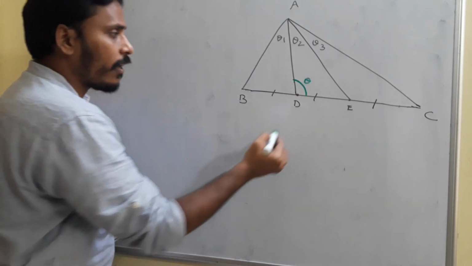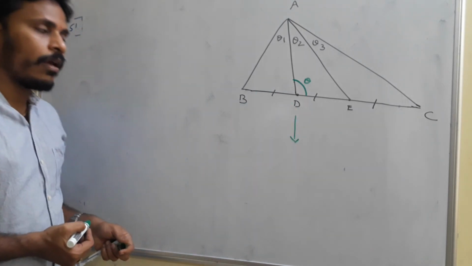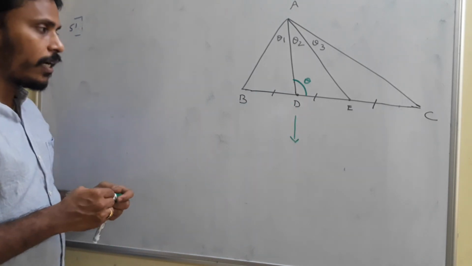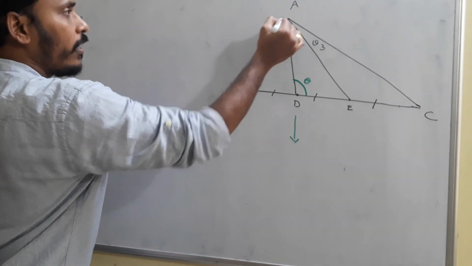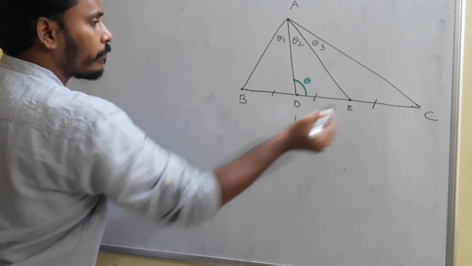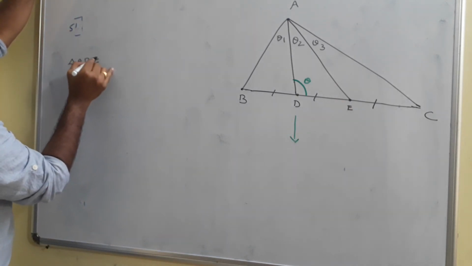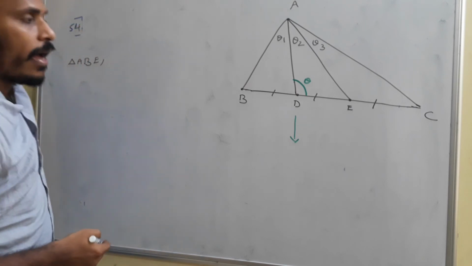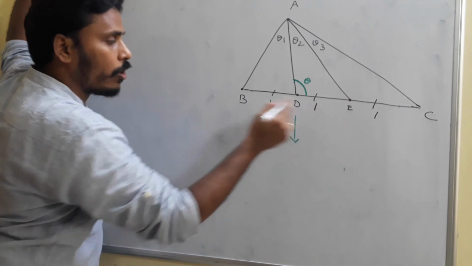Since this angle is theta, you just apply the m-n theorem for this point D first. If you apply the m-n theorem for this point D, then what will happen? The triangle is ABE. In that triangle ABE, as per the m-n theorem, this is 1, this is 1, this is 1 we need to take, because the lengths are equal.